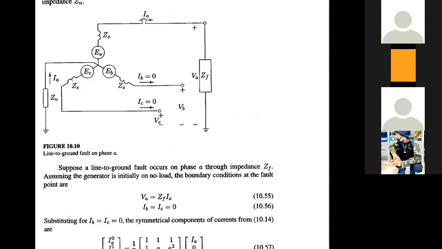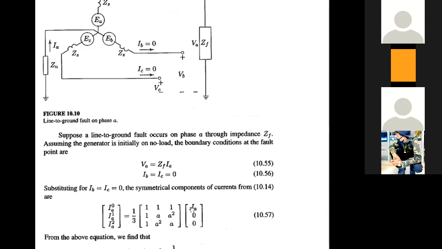So current will only be in the first phase: the first phase will have IA, and IB and IC will be 0 for the single line to ground scenario. They are the same, right? This part you have to be careful about. How can we put the information for this part?